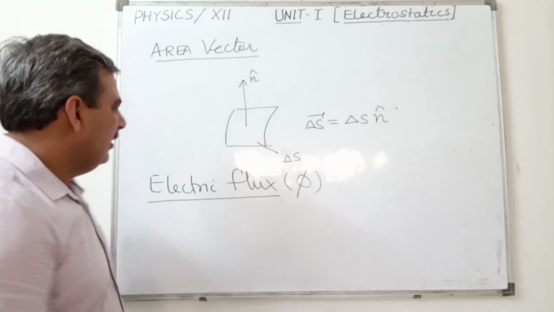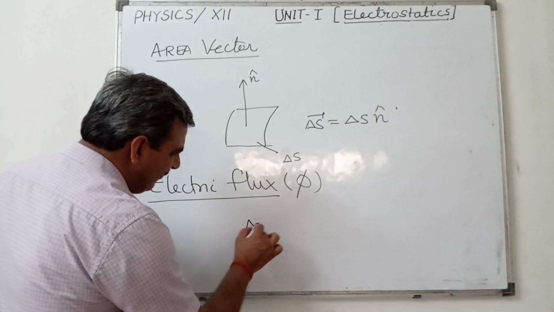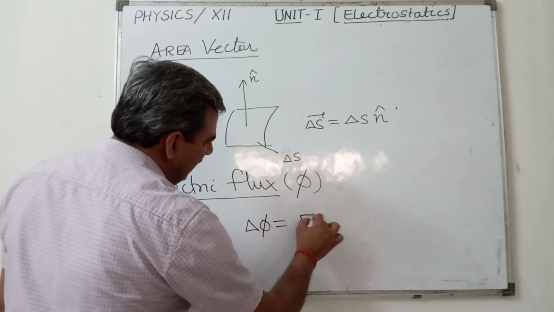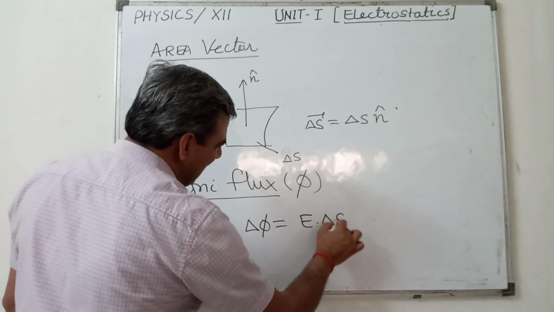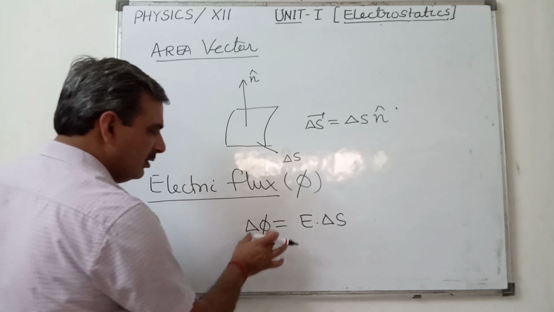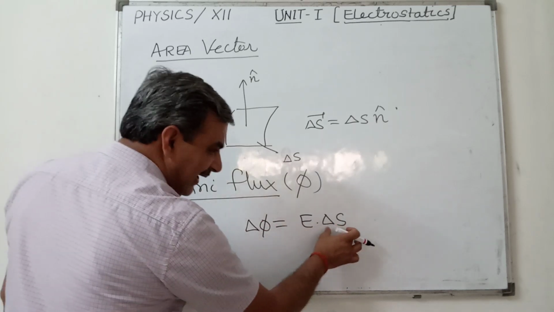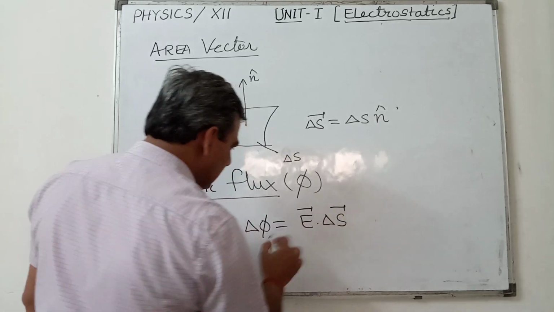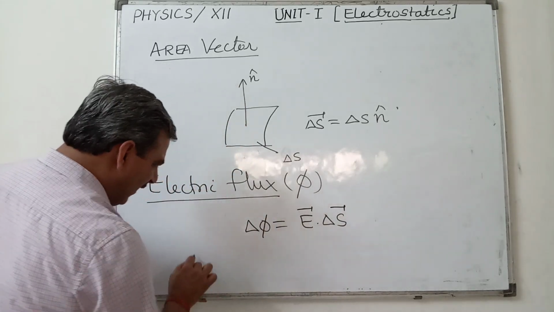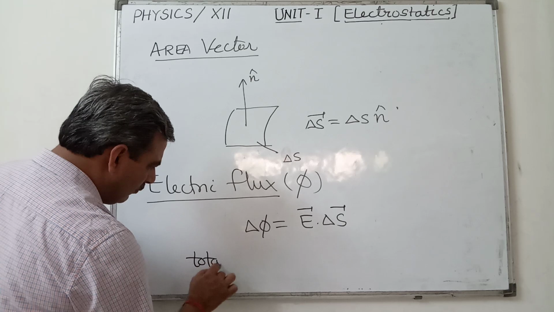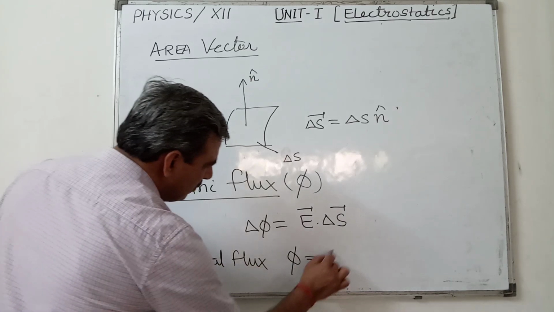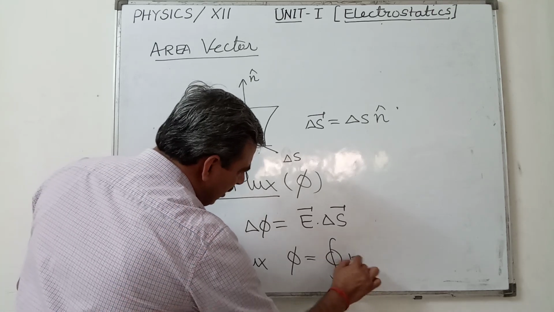It is given by delta phi equals E dot delta S. This is the small flux due to a small area, and if you want to write the total flux, it will be phi equals closed integral E dot ds.